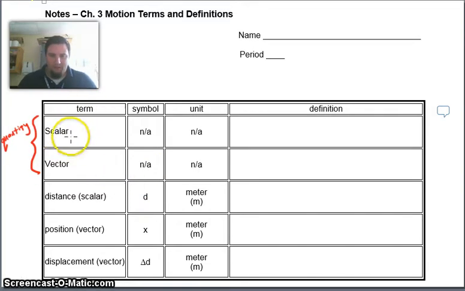Scalar means it's a quantity with no direction. When I say quantity, I'm talking about a number. It has a magnitude, but no direction.